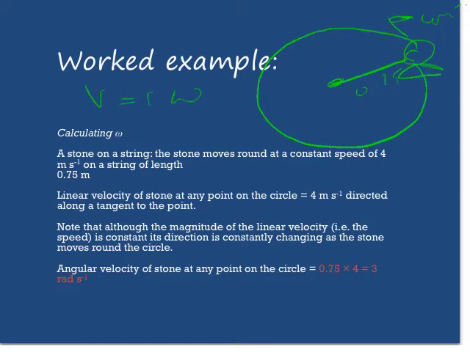Actually, there's a mistake in this. It should actually be 4 divided by 0.75, that equals about 5.3 radians per second. I won't change the notes, so hopefully you'll pick up on that.